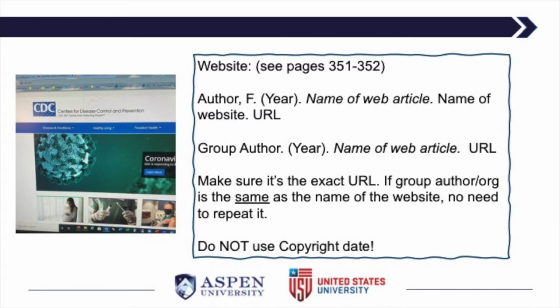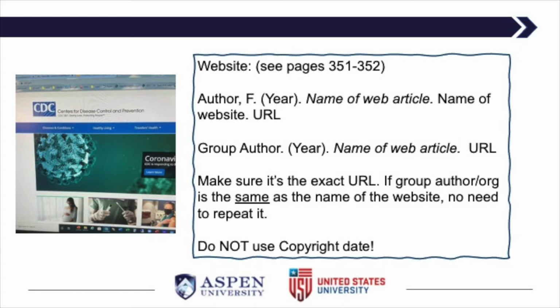But the basic recipe for formatting a website reference is you would have the author information and then the year, the name of the web article, which you note is in italics and sentence case. So sentence case means, again, that if you were writing a sentence, you capitalize the first word of the sentence, and any proper nouns would be capitalized.